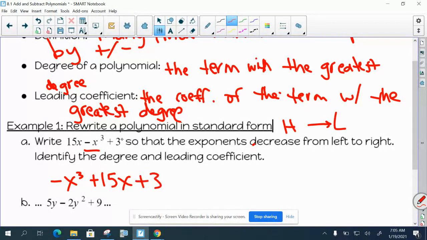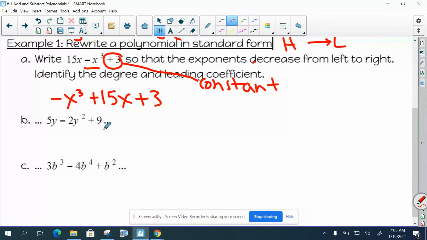So 3 is just a constant because it doesn't have a variable. So anytime you have a constant, it's always going to go at the end because the degree of a constant is 0. Okay, let's do b. Oh, sorry. The degree. So the degree of this polynomial would be 3. And then the leading coefficient itself is going to be -1.